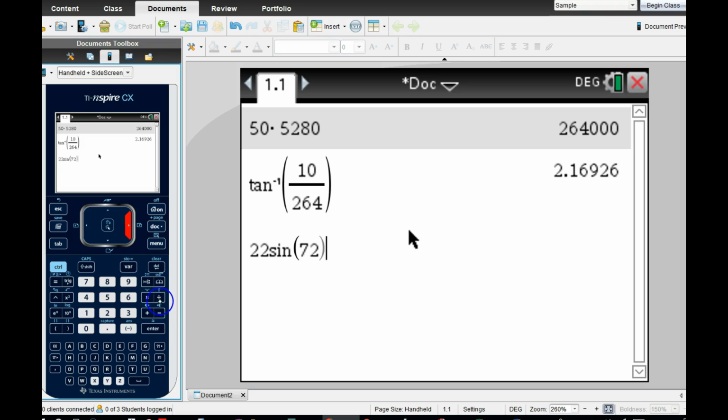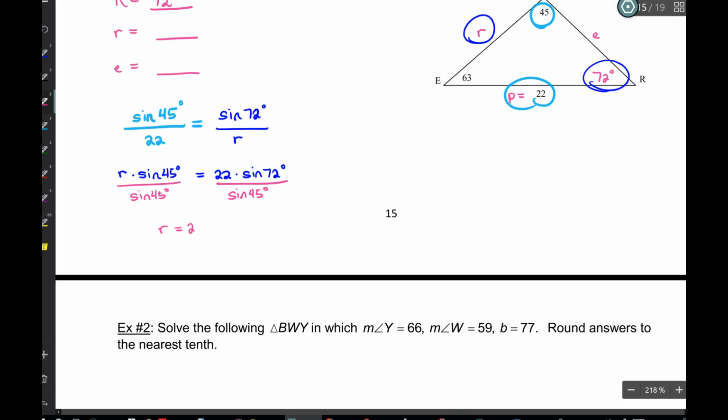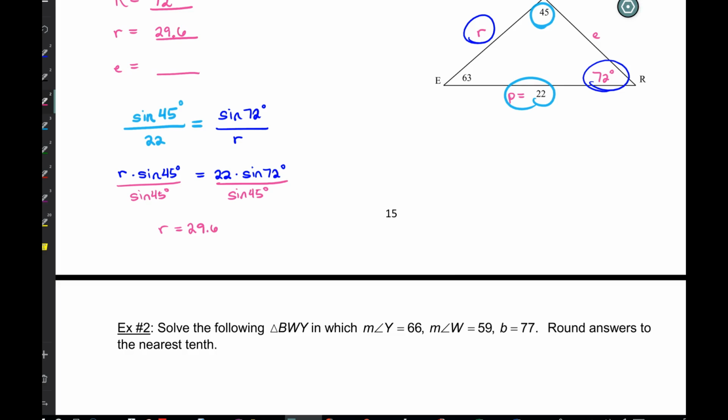And then actually, we can just put it in right away. Divided by sine of 45. 29.6. Is that degrees? No, because it's not an angle measure. It could be some other unit measure, inches, feet, we don't know.